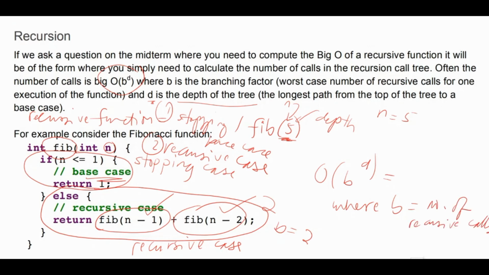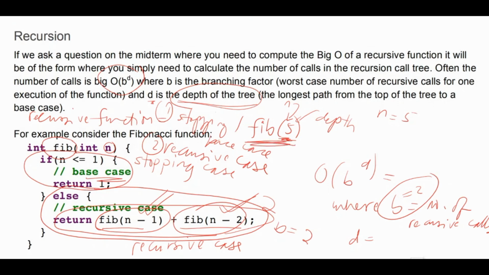Like in this case, 1, 2. In this one return statement, there are two recursive calls. So b in this case is equal to 2. And d is the depth of the tree, and it is also the number on which the function is originally called.